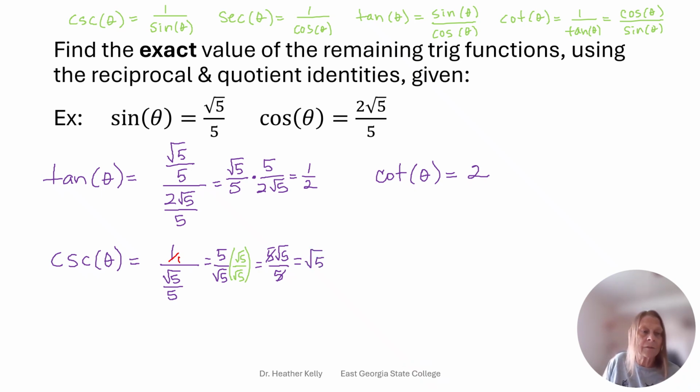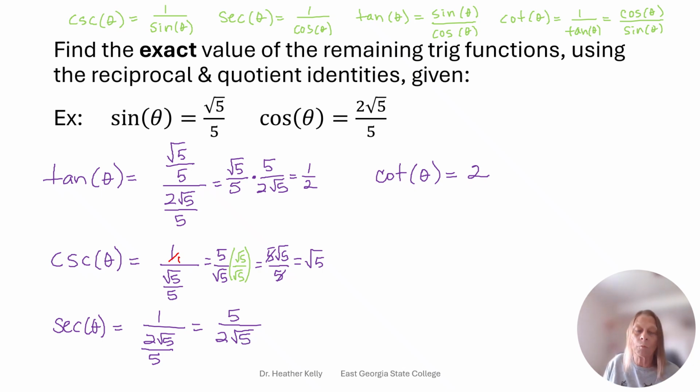And then secant, we'll do the same thing. Secant is 1 over cosine, so we have 1 over 2 square roots of 5 over 5. So that allows us to just rewrite this as 5 over 2 square roots of 5.